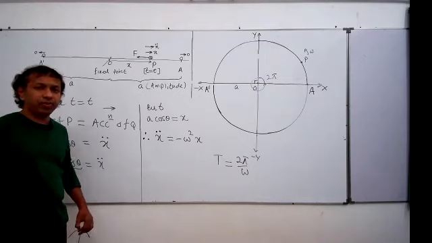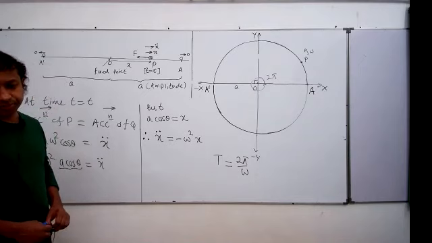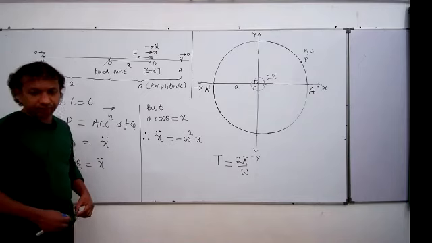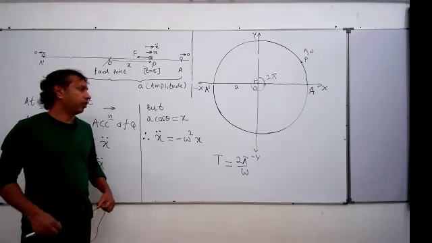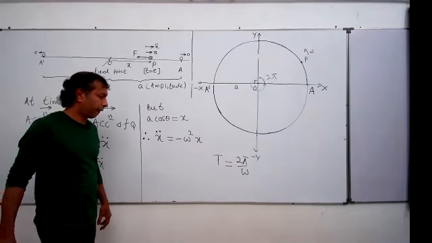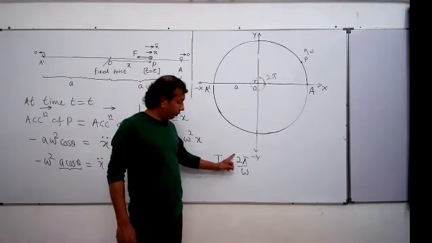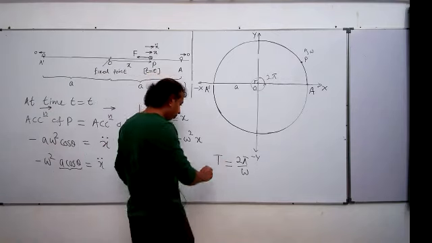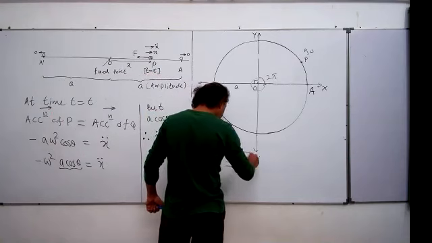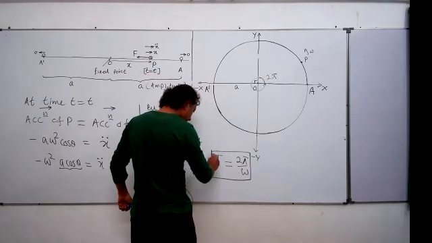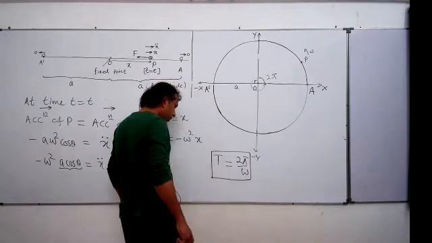Therefore, the time taken by the point P is T equals 2 pi by omega.